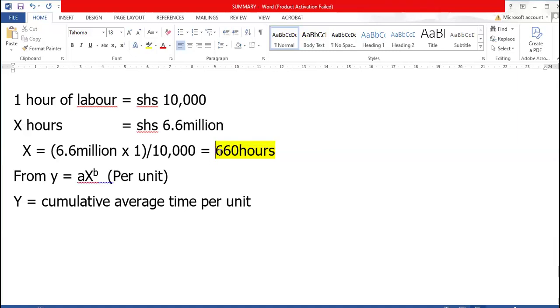This is the time you need, the overall time you need for all 64 batches. But this y is the cumulative time per unit. So here it will be cumulative time per batch, because here we are using batches.